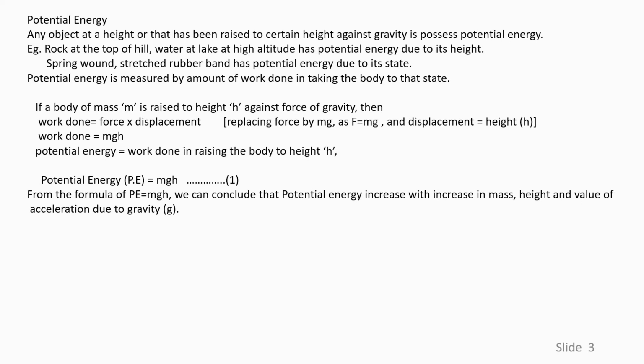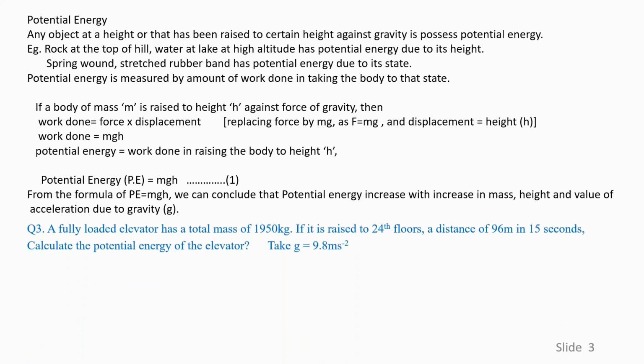If you go to a planet where the acceleration due to gravity is more, there also we will have greater potential energy. And if we increase the height, potential energy will also increase.